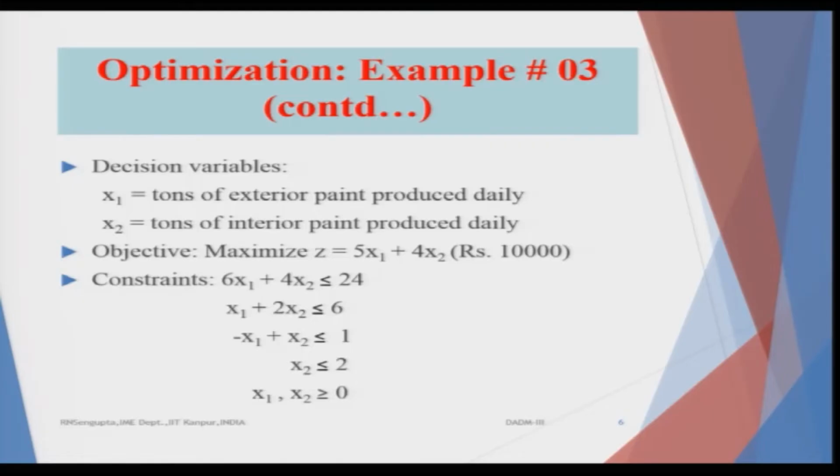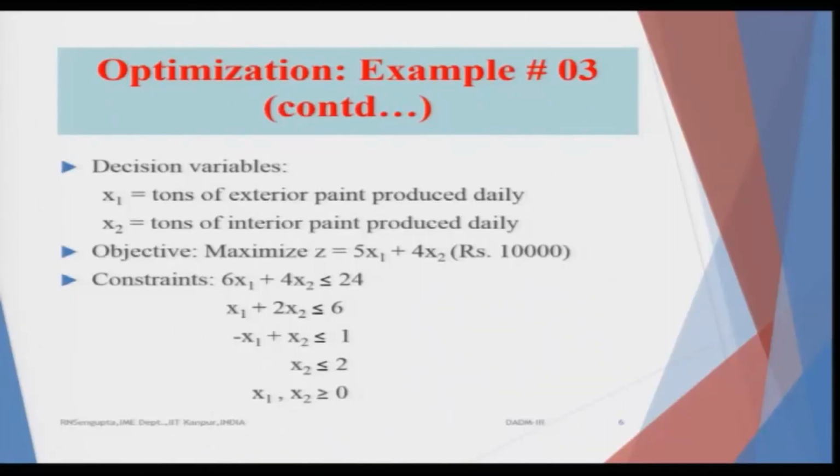Now, consider the values to be decision variables. Remember, the choice of decision variables for these problems has to be thought out very carefully, because there can be two ways of tracking the answer. The amount of paints to be produced would depend both on the exterior paint and the interior paint, plus on raw material 1 and raw material 2.